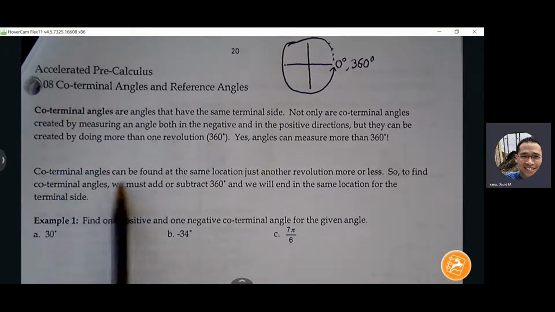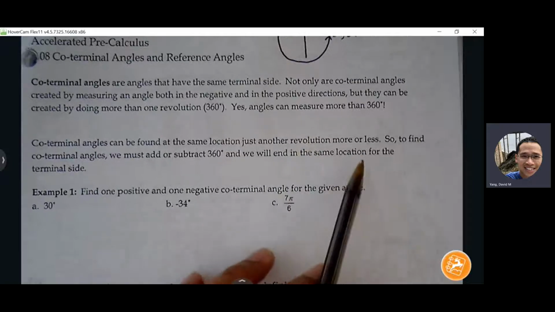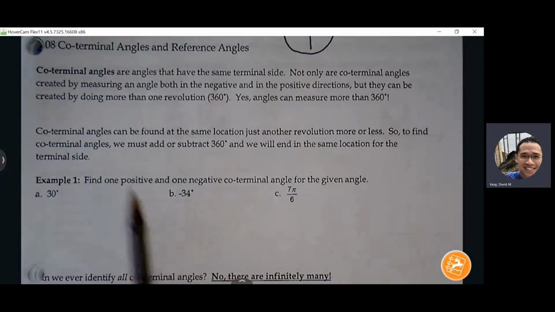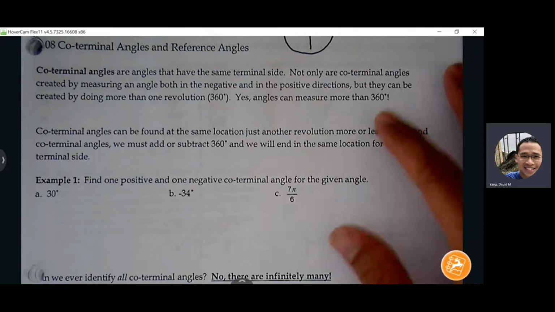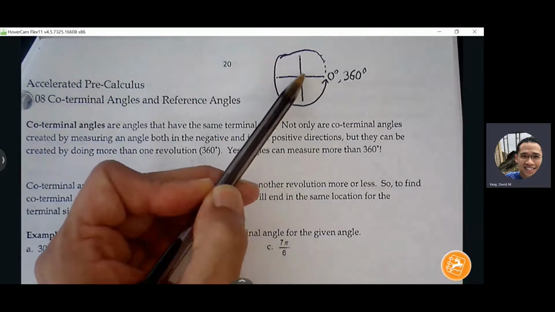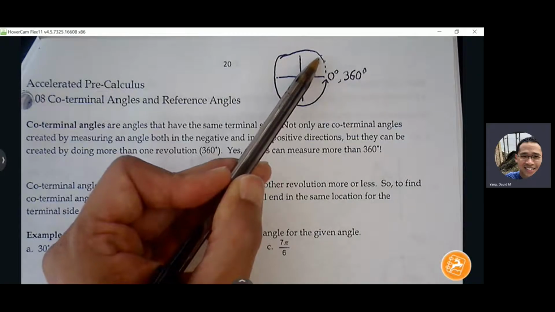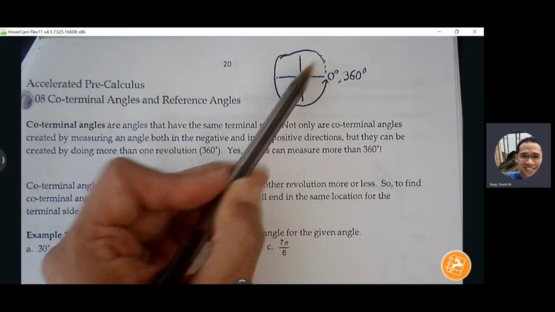So coterminal angles can be found at the same location, just another revolution more or less. To find a coterminal angle, we can just keep adding or subtracting 360, and we end up in the same location for the terminal side. Every angle is always going to have infinite numbers of coterminal angles because we can keep adding 360 to any angle, and it'll still go back to the same place.